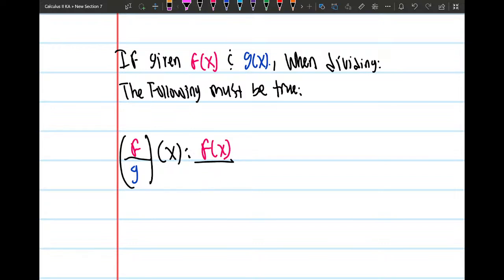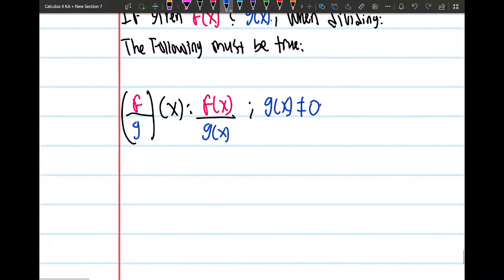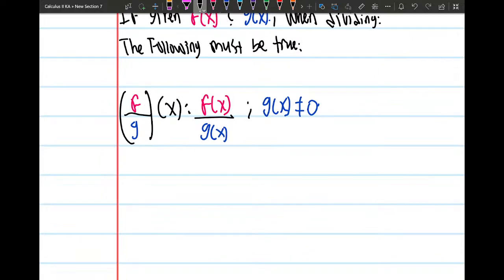But this is true such that g of x cannot equal 0. So let's do some examples.